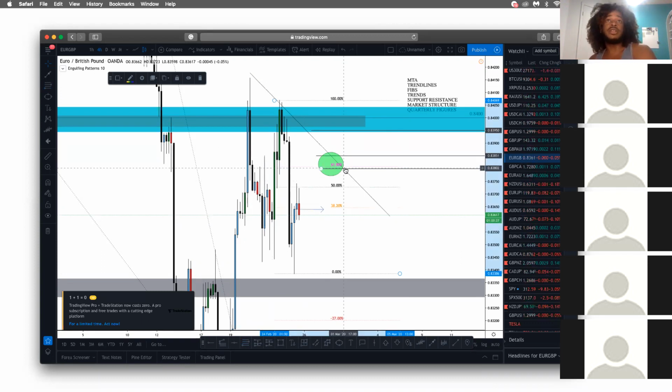You have your trend line, you have your quarterly levels, and now you have a Fibonacci, right? So this is all good news. This is telling you, okay, the odds are in your favor. You have 3 odds in your favor, maybe 4. Let's include market structure, right? Trends, right?